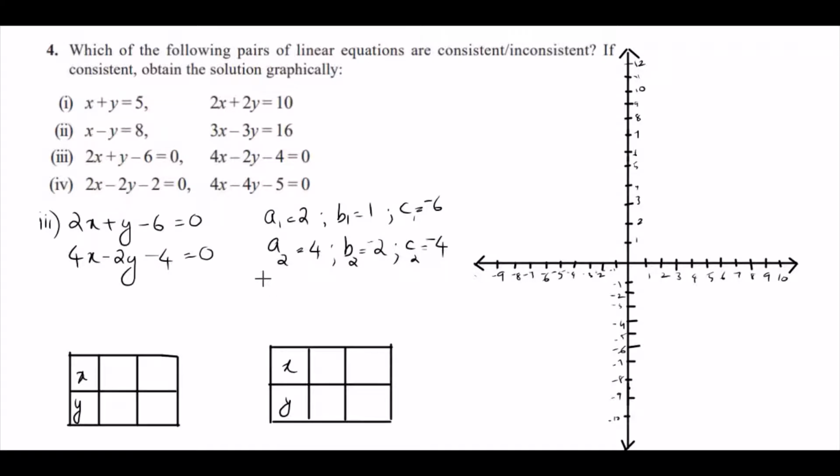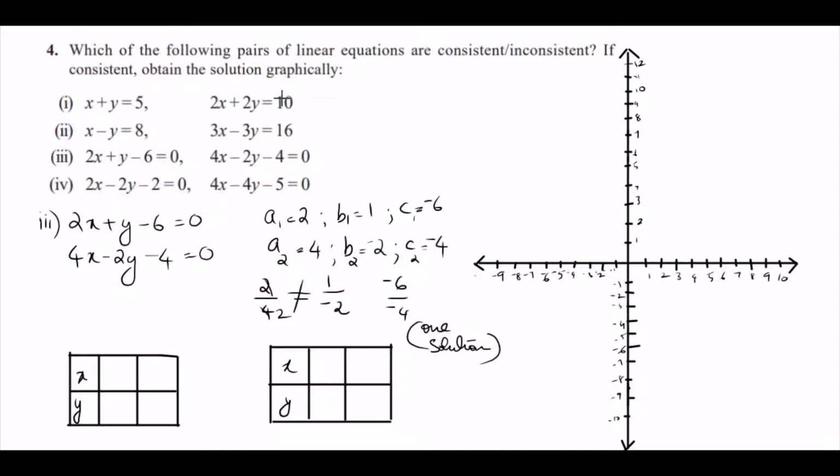So a1 by a2 is 2 by 4, b1 by b2 is 1 by minus 2 and c1 by c2 is minus 6 by minus 4. Here a1 by a2, which is 1 by 2, is not equal to b1 by b2, that is minus 1 by 2. So you get a unique solution. A unique solution means the pair of linear equations is consistent.